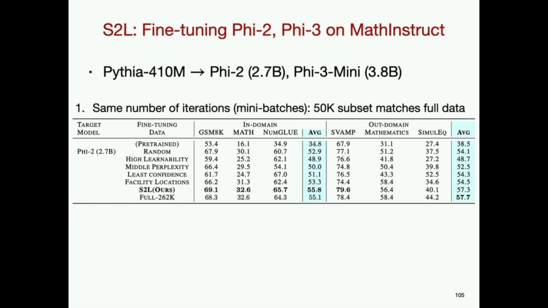So another experiment, let's go a little bit larger. Can we fine-tune larger models too? In this case, we are considering Phi-2, which is 2.7 billion parameters, and Phi-3 mini, which is 3.8 billion parameters. Our proxy is now going to be Pythia 410 million. Here, we are selecting 50K subsets, small subsets, but we train on them for the same number of iterations, mini-batches, as training on the full data.